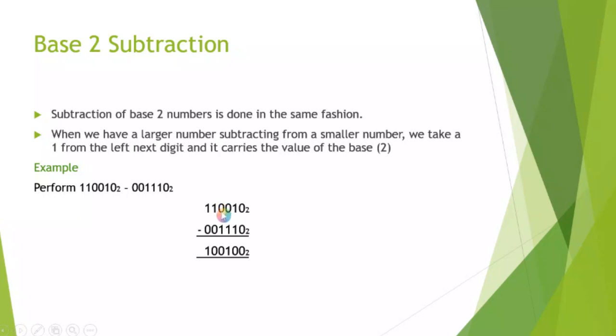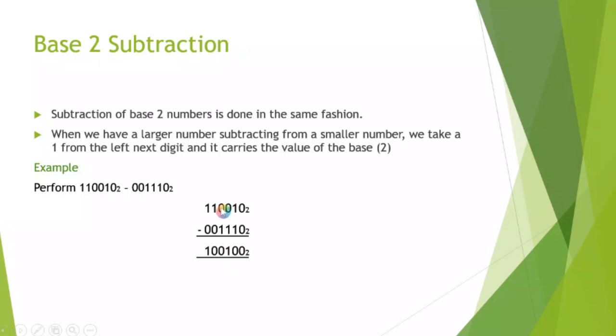Now here we have 2, but we wanted our 1 to be on the next 0. So now we're also taking a 1 from this one, going this side, but that one is carrying a value of 2. Now that means we are having 2 plus 0, and that's 2. 2 minus 1 actually gives us 1. So that's why we have written our 1 here.